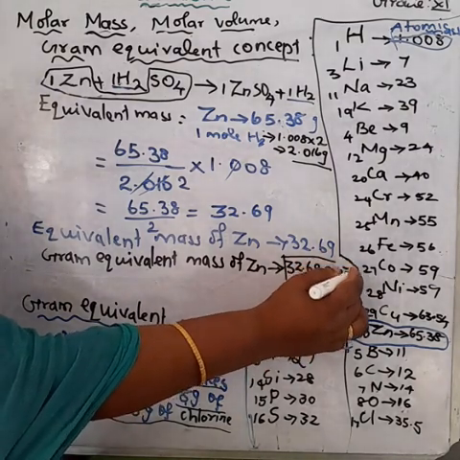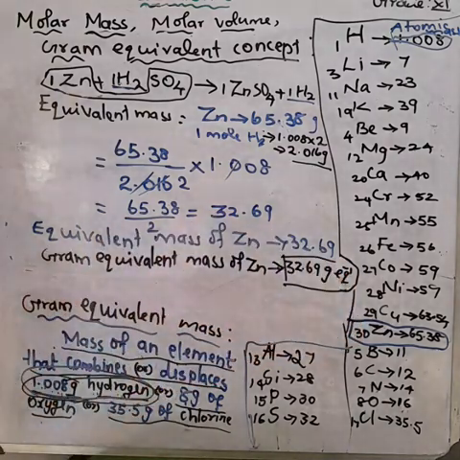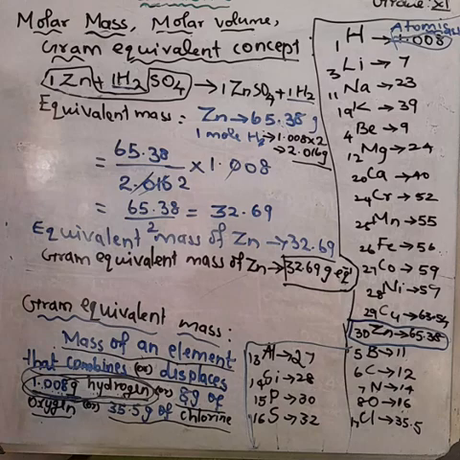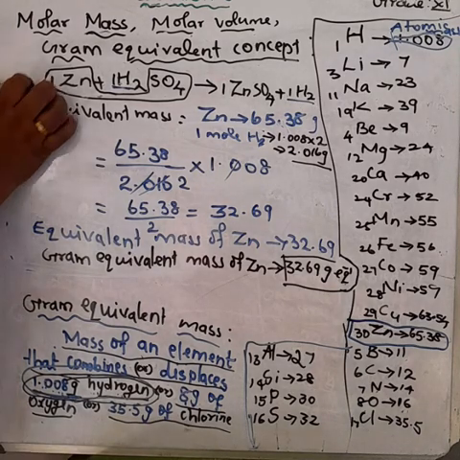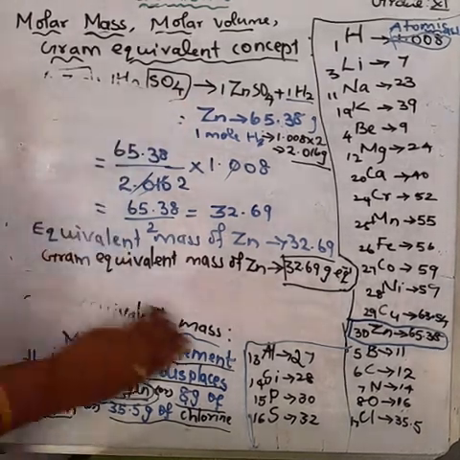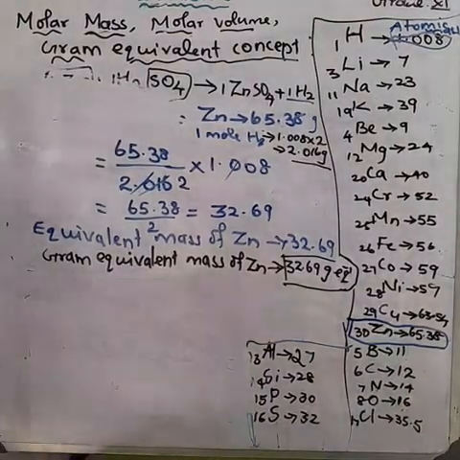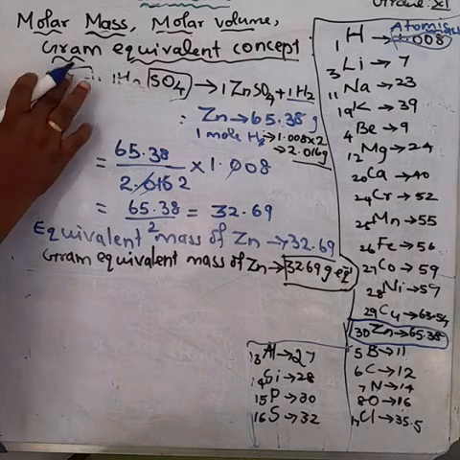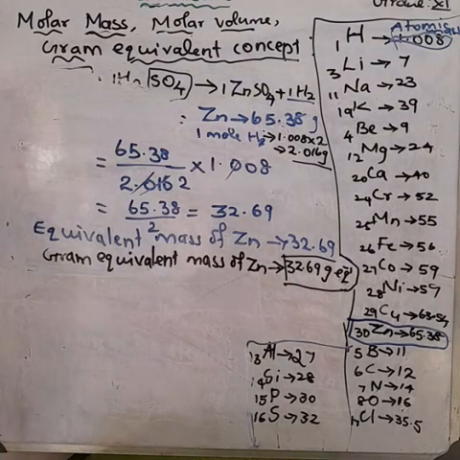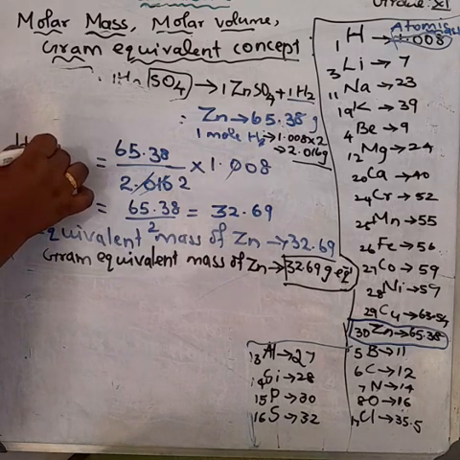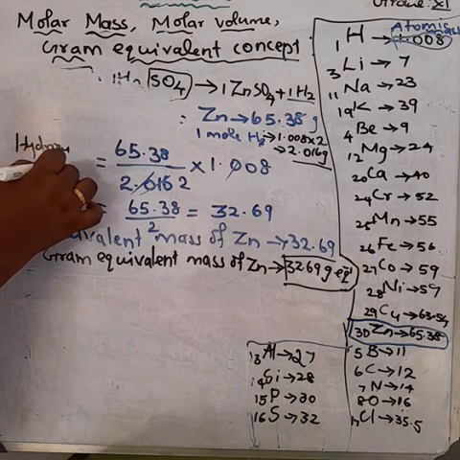Understood? So it is not always possible to apply the above definition, which is based on three references, namely hydrogen, oxygen, and chlorine. What are the three reference elements? 1.008 gram hydrogen, or 8 gram oxygen, or 35.5 gram chlorine.